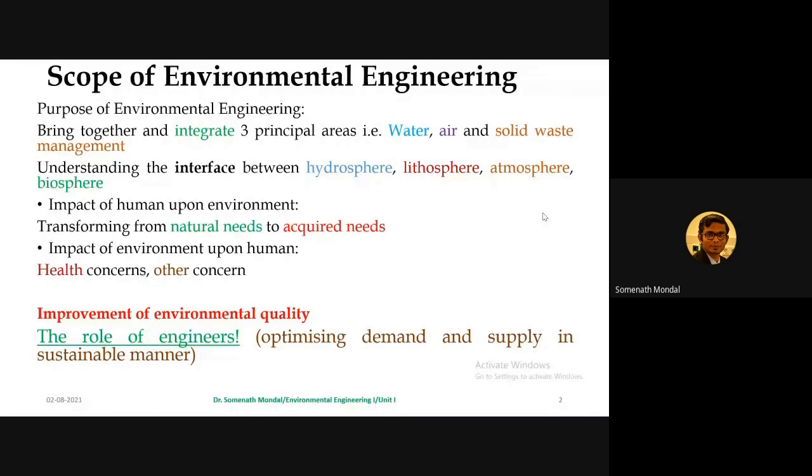Impact of environment upon humans in terms of health concerns and other concerns. These are long-term effects on health, and not only the health of human beings but also of all living beings. We will see a lot of mutation happening in genes. There are chromosomal disorders, which create all sorts of tumors and cancers.